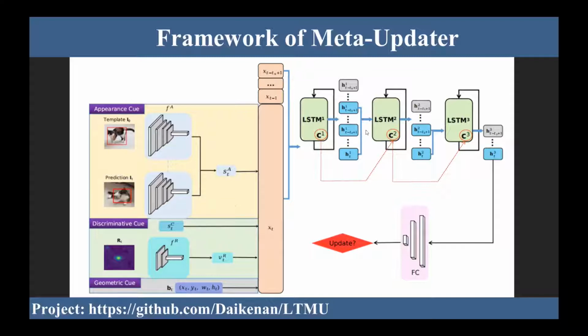Then we use an LSTM to embed the feature vectors of multiple time steps into a single feature vector, which is further processed by four fully connected layers. The final output is a single score, which indicates whether the current tracking result is good for online update.